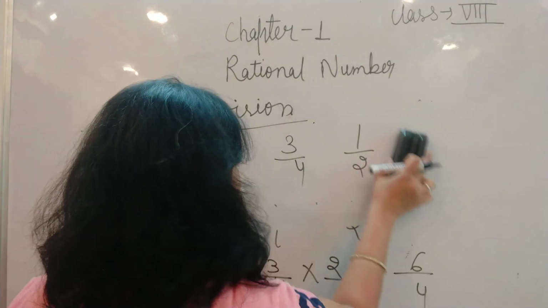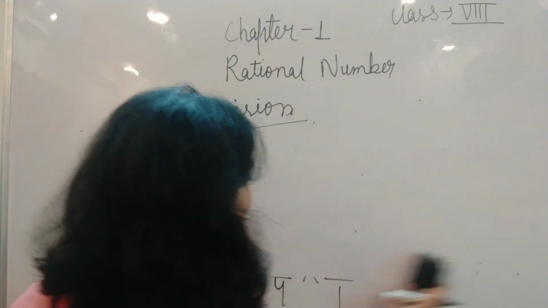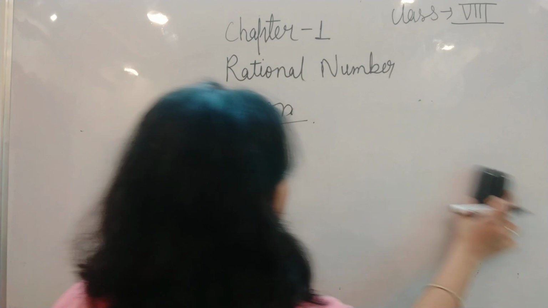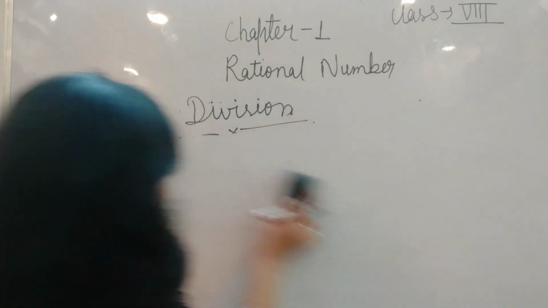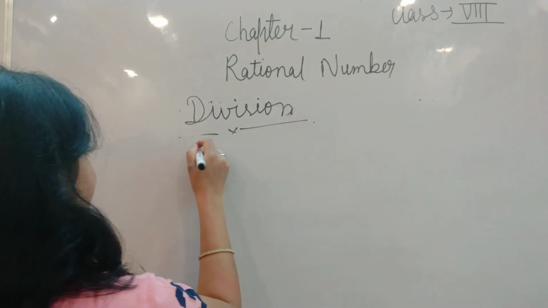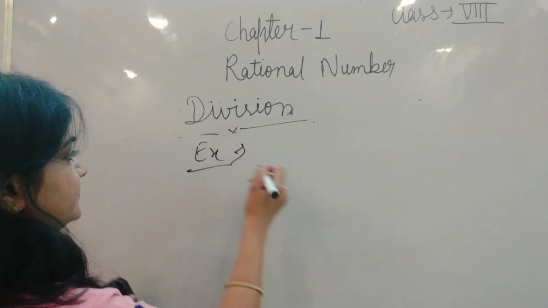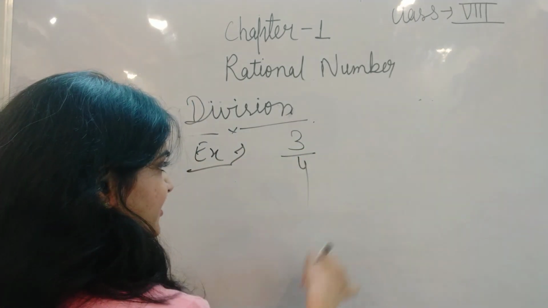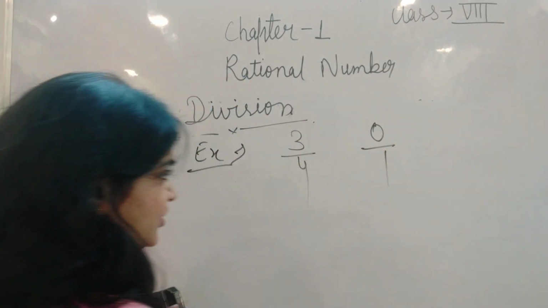But I am taking another condition. If you divide any rational number by 0: 3 by 4 is a rational number, 0 by 5 is a rational number.